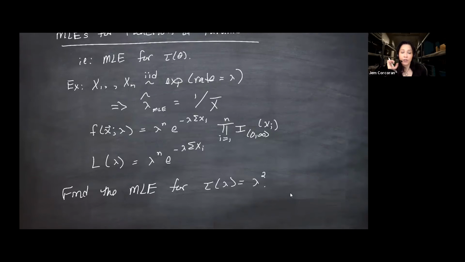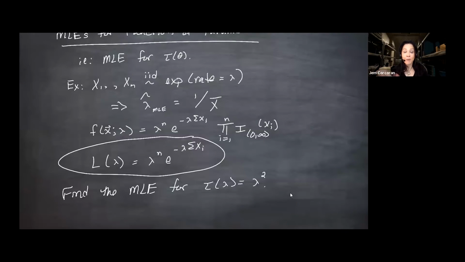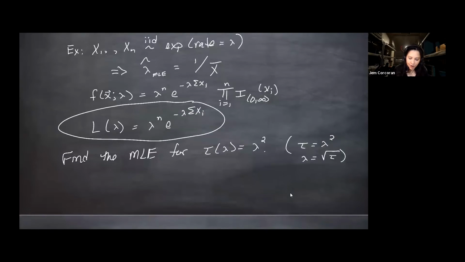One way you can do this is to rewrite this likelihood and parameterize it in terms of tau. I would say, okay, tau is lambda squared, so lambda is the square root of tau, especially given that these parameters are non-negative. We don't have any problems like that. And then you can rewrite the likelihood.